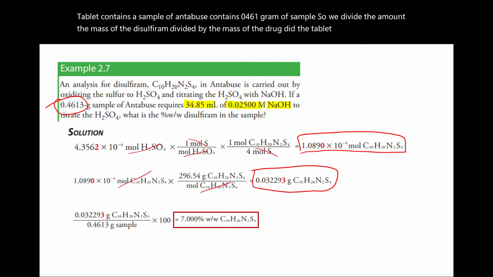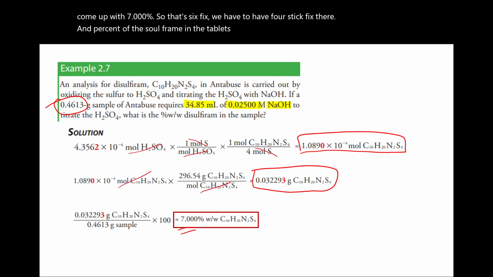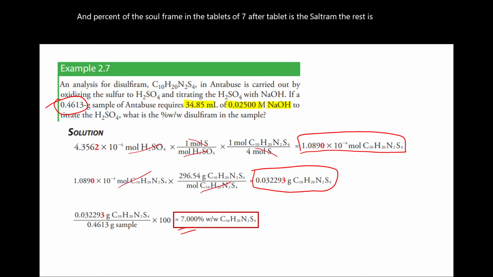So you come up with 7.000%. So that's sig figs. We have to have 4 sig figs there, and percent of the disulfiram in the tablet. So 7% of the tablet is the disulfiram. The rest is just filler material and other things.